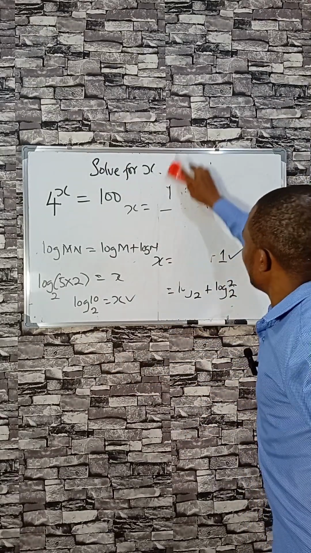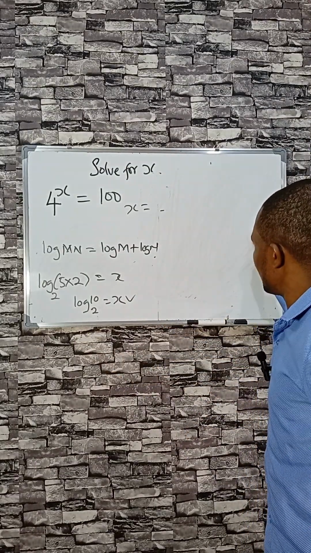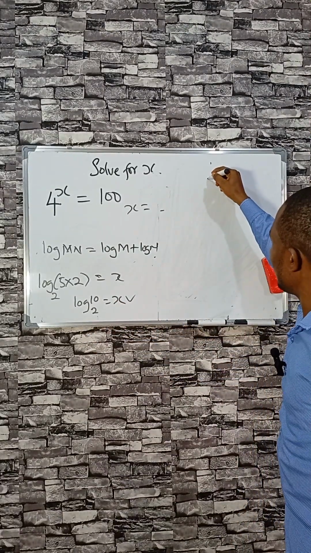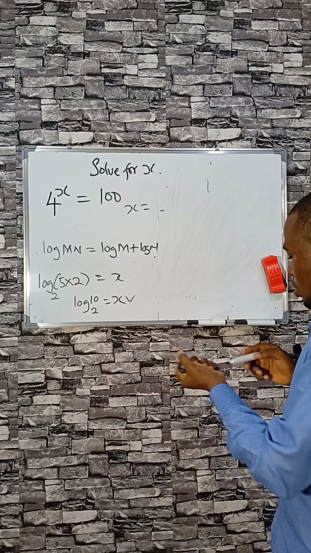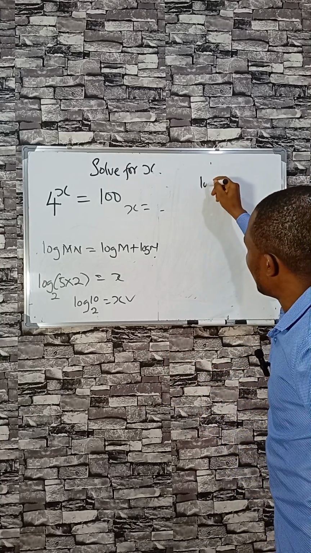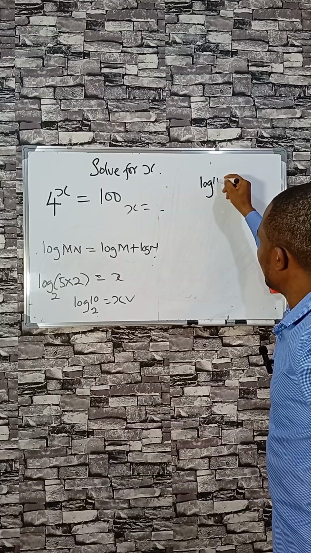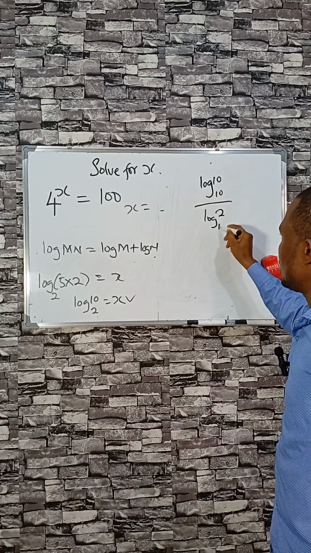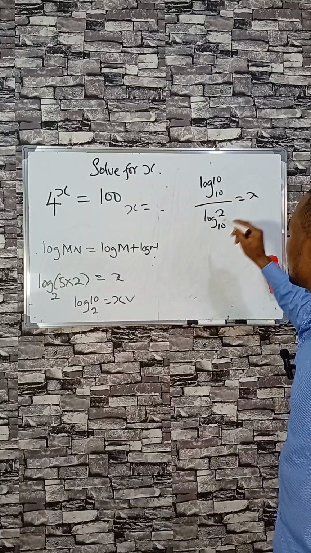But in case you want to get the final answer of x, you can take this back to base 10. In that case you will have log 10 base 10 divided by log 2 base 10 equals x.